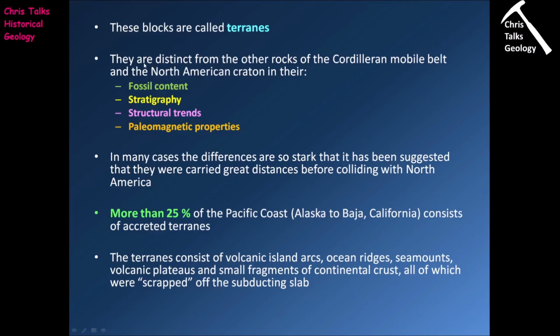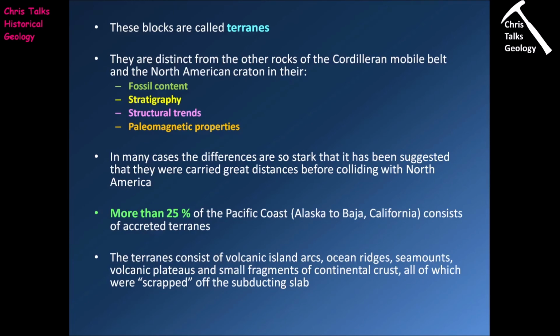They are distinct from the other rocks of the Cordilleran Orogeny and North America in general, because we can see they have differences in their fossil content, their stratigraphy, their structural trends and their paleomagnetic properties. And so these properties do not match the rocks which are forming in North America at that time, and so we can therefore only come to the conclusion that these rocks are from another location and they have moved over and sutured onto the side of North America.